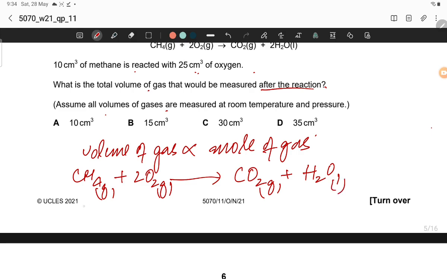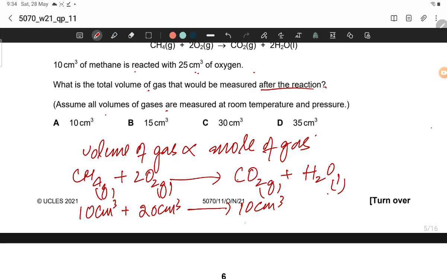So 1 mole of methane is equal to 10 cm cubed, so 2 moles of oxygen is equal to 20 cm cubed, to form 1 mole of carbon dioxide, which is also 10 cm cubed. Water is a liquid, so there is no need to calculate its volume.